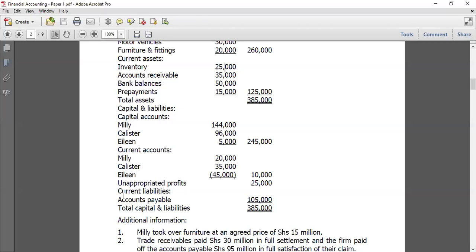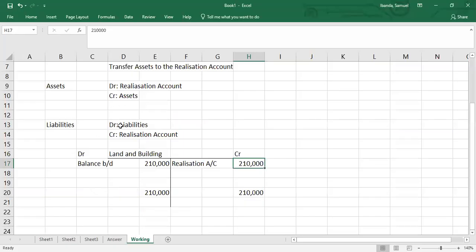Under liabilities, I think I only have accounts payable. I don't have any loan. Now for liabilities, the accounting entry, like I gave you, is that we debit liabilities, because liabilities are decreasing, we are writing them off, and we credit our realization account.